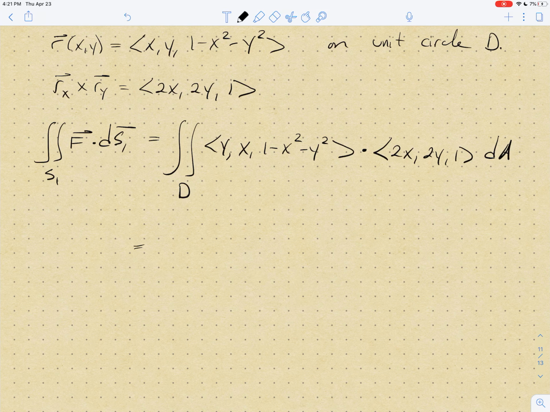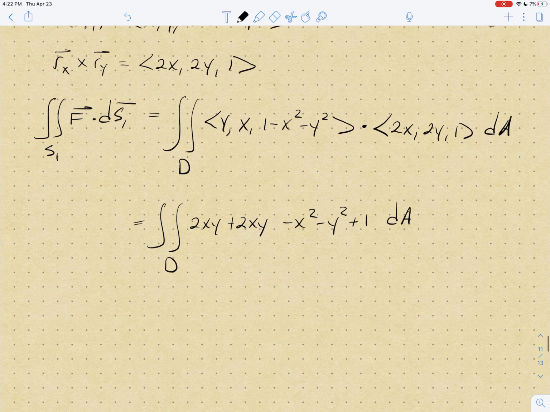And now at this point I can work out the dot product, and so I get 2xy plus 2xy, plus 1 minus x squared minus y squared, whatever, I'll just change the order, dA.